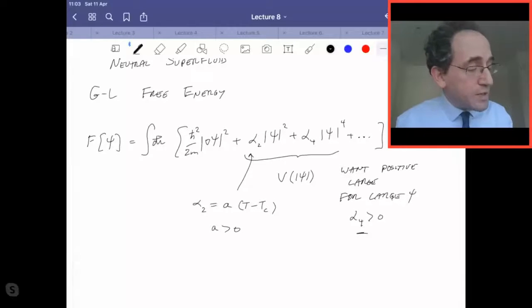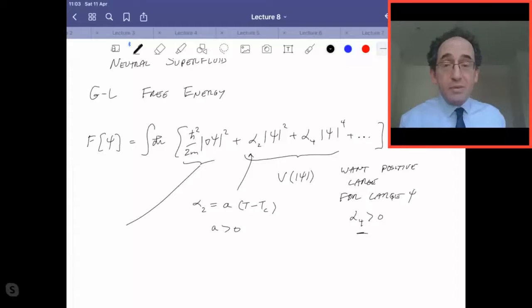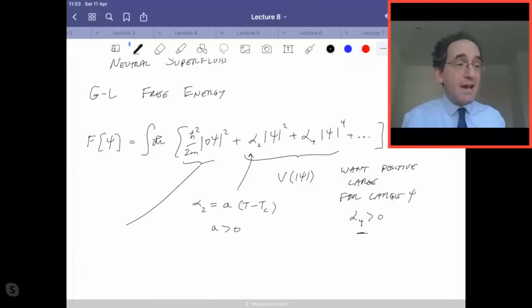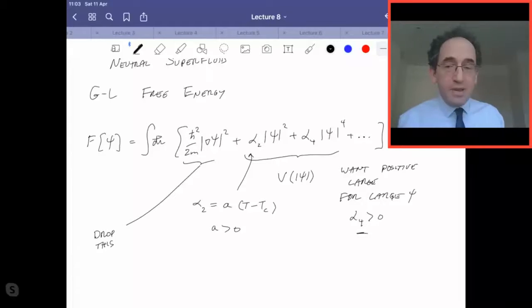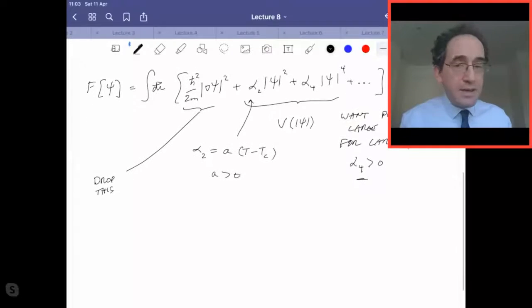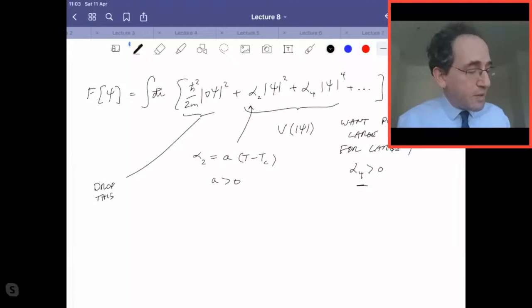Finally, we're going to start by considering a uniform system, a homogeneous uniform system. The lowest energy a homogeneous uniform system can have is if there are no gradients in psi. Gradients in psi just raise the energy. So let's just drop the gradient term to begin with. Okay? All right. So this is our free energy we want to work with.